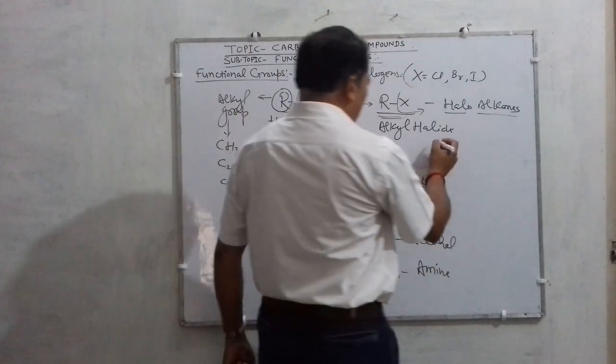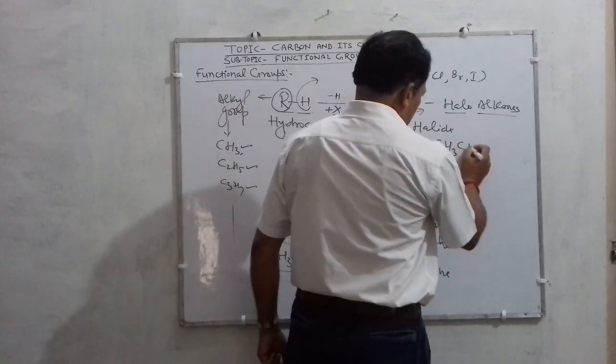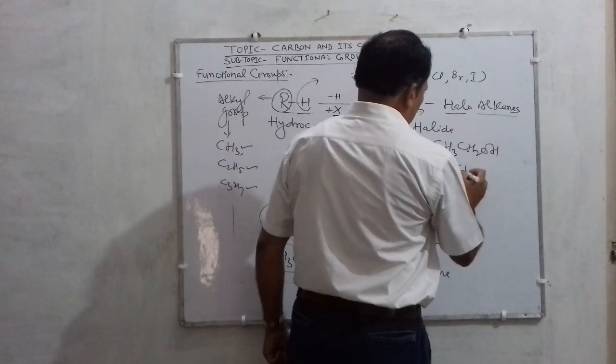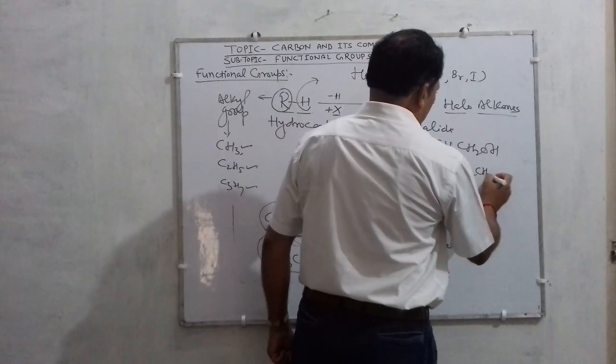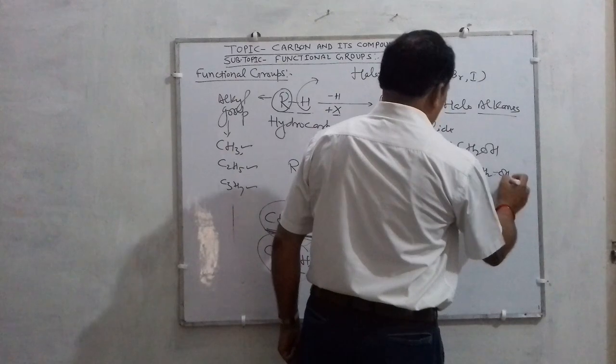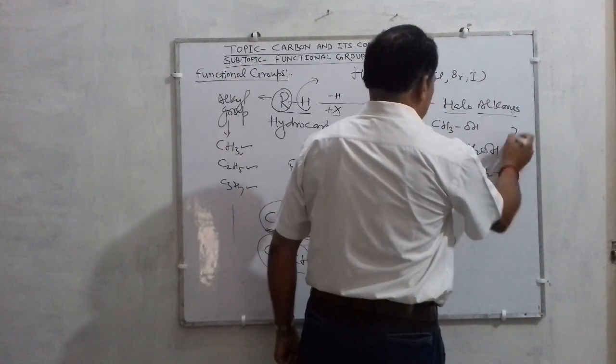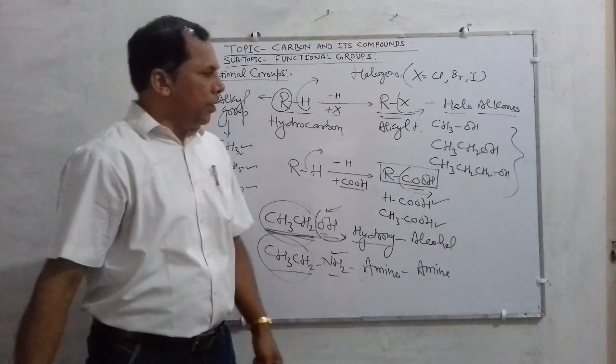But suppose one compound is CH3OH, another is CH3CH2OH, and one is CH3CH2CH2OH. Children, see sincerely.